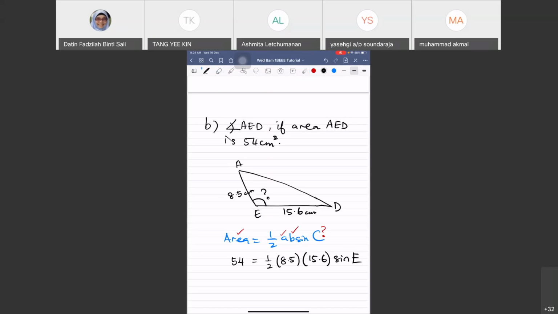Can you compute for me? Can you all try this? What did you get for E?